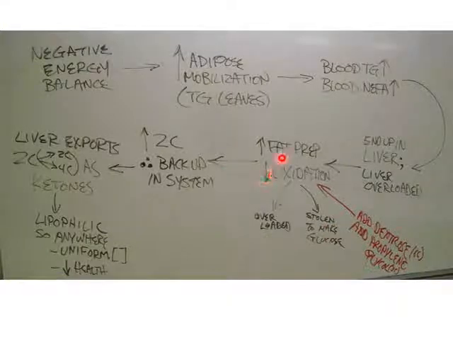So if we have increased fat prep, decreased oxidation, we're going to get a backup of 2 carbon units in the system. The liver's got to get rid of them. They'll take those 2 carbon units and make 3 carbon, 4 carbon ketones.